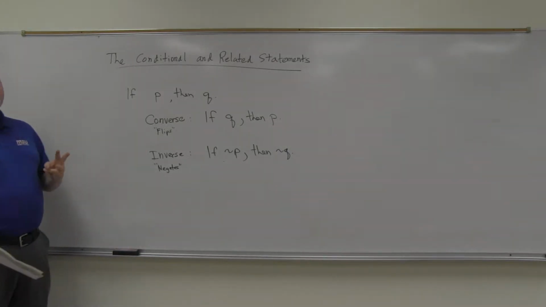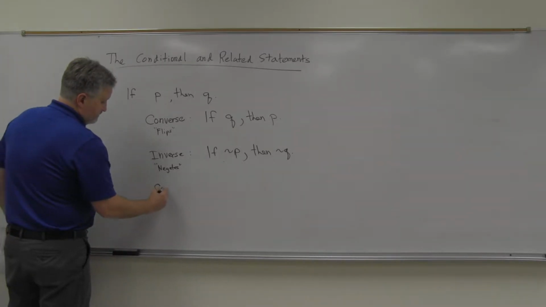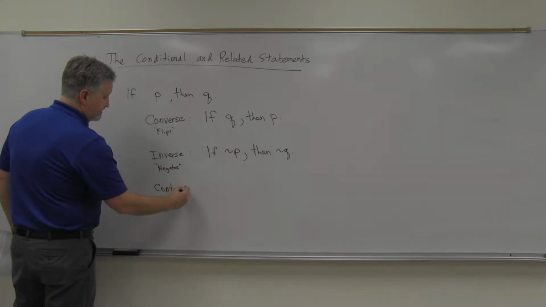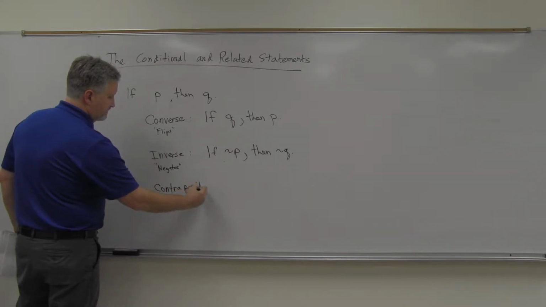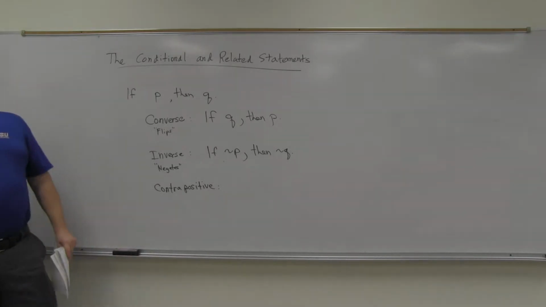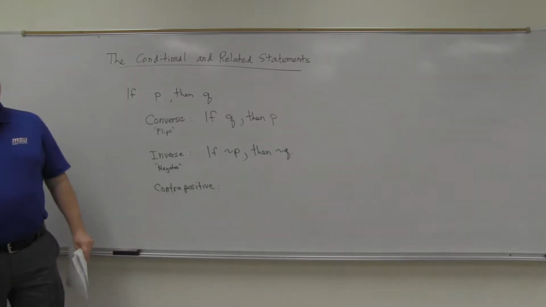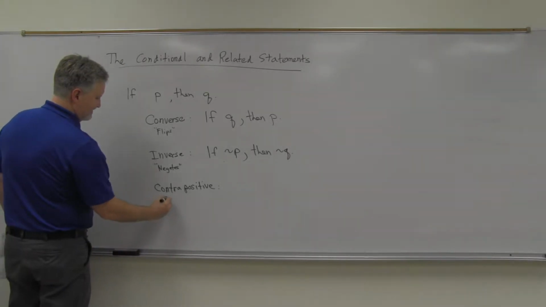And then the third one is called the contrapositive. It's a bigger term. And actually that makes it easy to remember, because what the contrapositive does is it does both. It flips and negates.